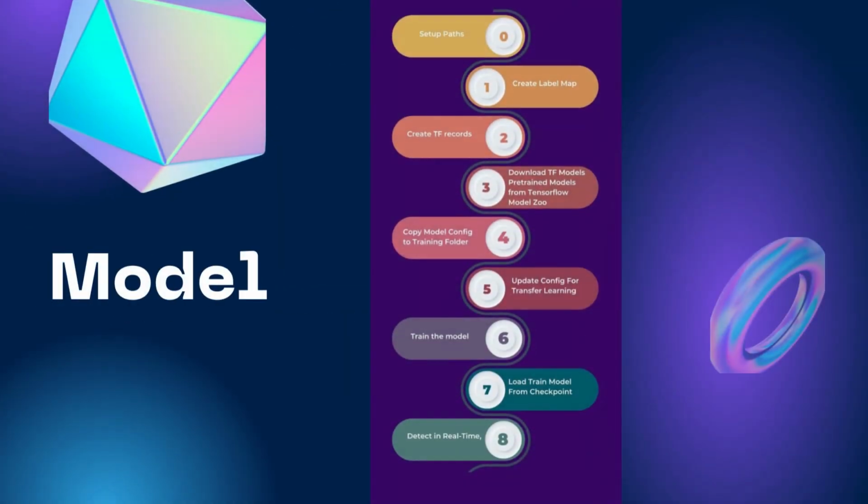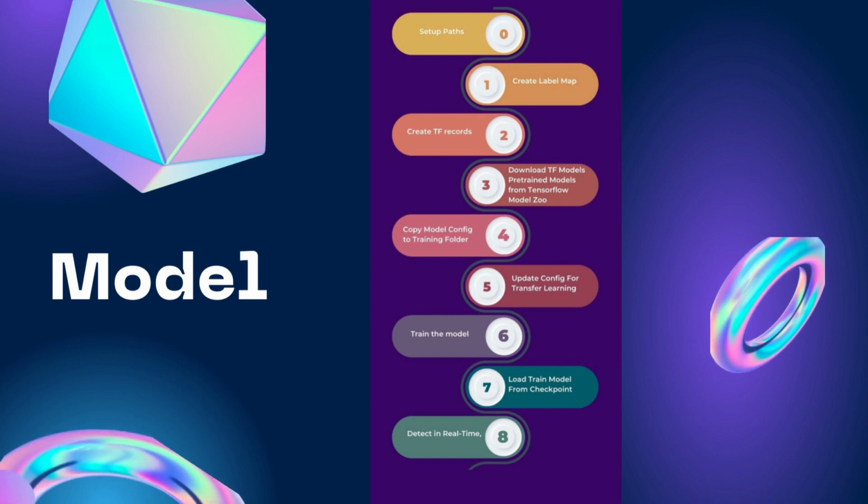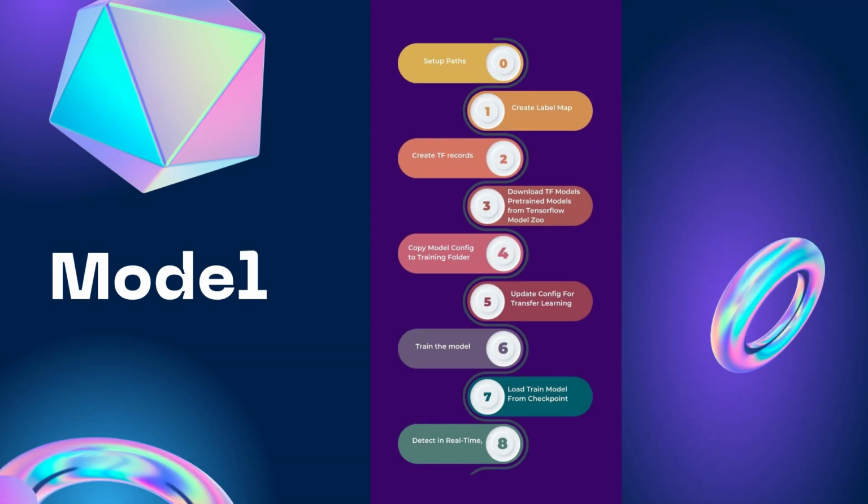The developed sign language recognition model has 9 main steps. The first step is to set up the paths for the folders to create. Then we will create a label map, and as the third step we will create the TensorFlow record. Then we will download the pre-trained TensorFlow model from the TensorFlow model zoo.